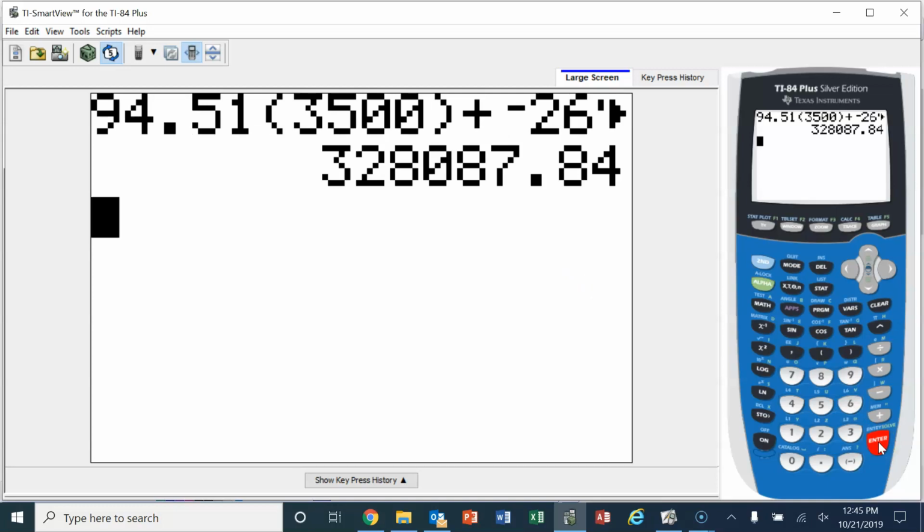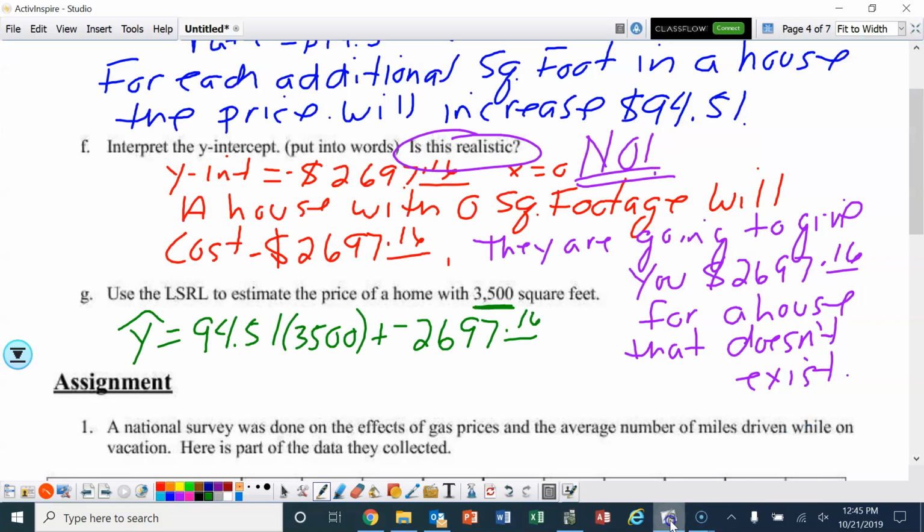All right, so it's going to cost $328,087.84. And yes, that is realistic. A big house is going to cost a lot of money.